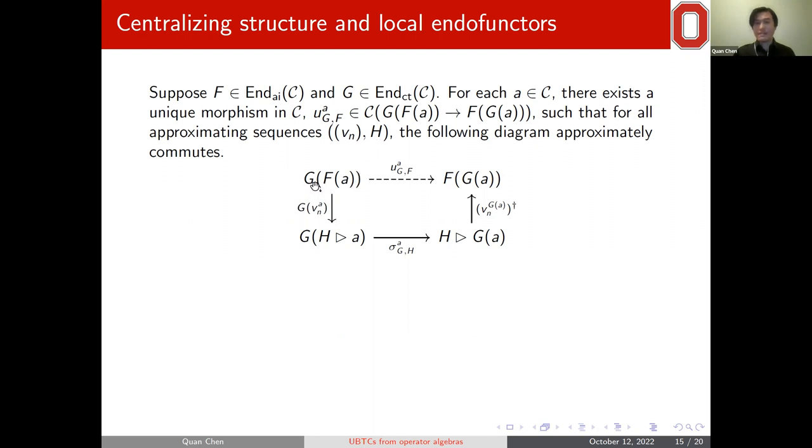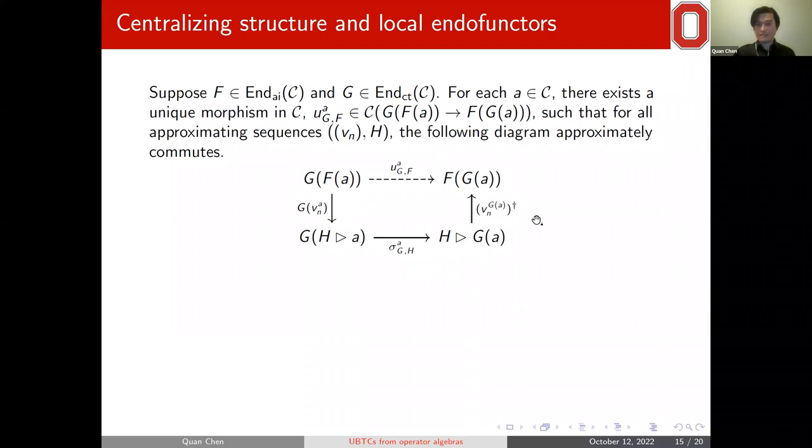Then we can see G compose F. We can go to G of H acting on A, by using the approximate natural transformation, then using the H module structure, and then using the dagger of the approximate natural transformation we can go back here. So by this procedure, we have switched the order, G compose F, which means G tensor F, and F tensor G. And it seems like this is a sequence, right?